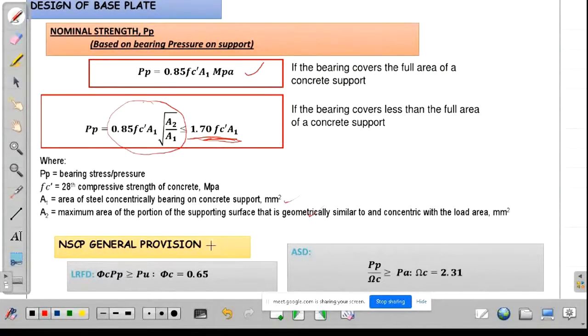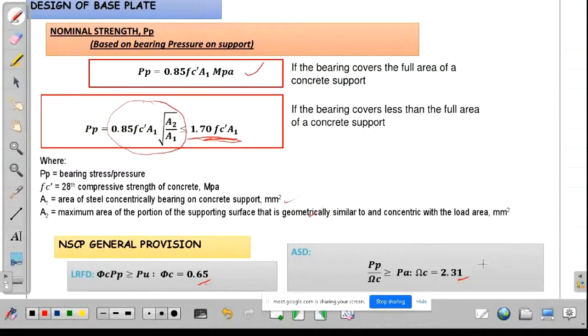And the general provision, the NSCP general provision is that our design strength is greater than or equal to our ultimate load. And for LRFD, ito yung gagamitin nating factor. And for ASD, we have 2.31 as our factor.